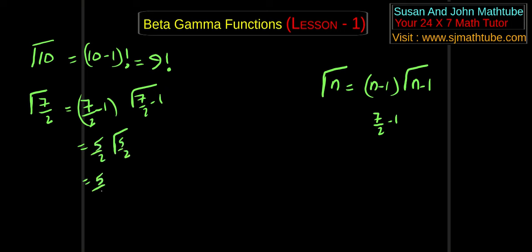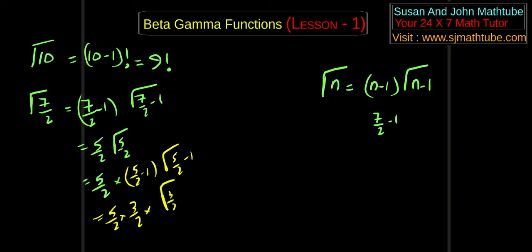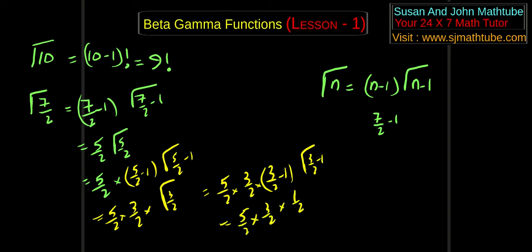Again you will apply the reduction formula, 5 by 2 minus 1 gamma 5 by 2 minus 1, and that becomes 5 by 2 into 3 by 2 into gamma 3 by 2. And again you apply it, 5 by 2 into 3 by 2 into 3 by 2 minus 1 gamma 3 by 2 minus 1, and that is 5 by 2 into 3 by 2 into 1 by 2 gamma 1 by 2.